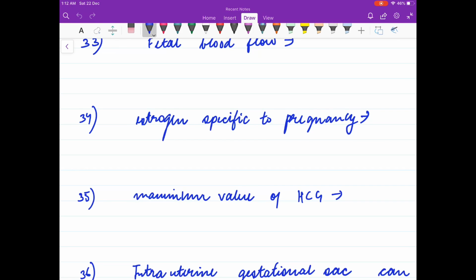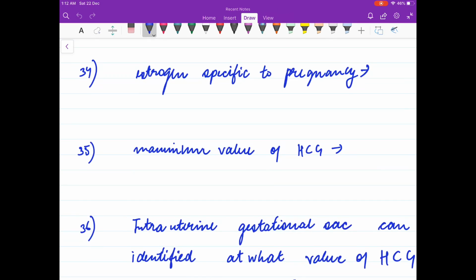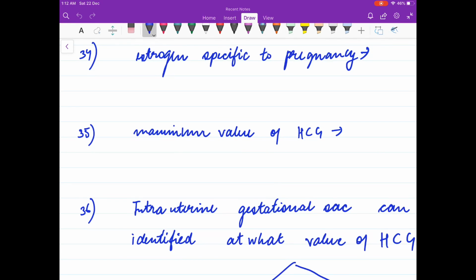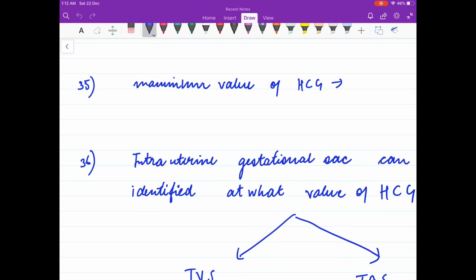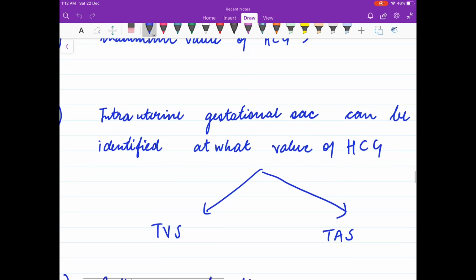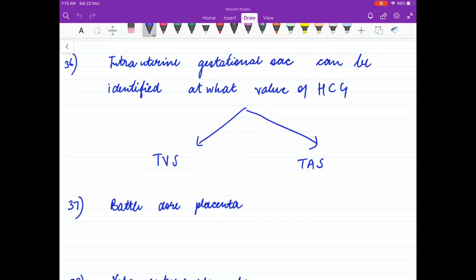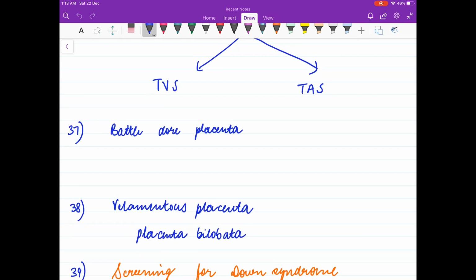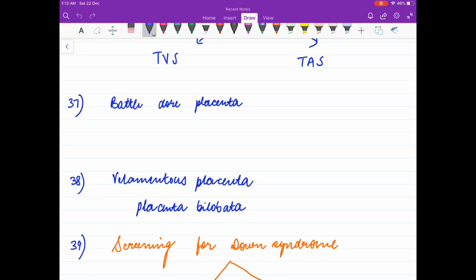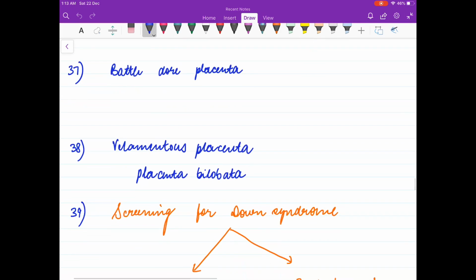Estrogen that is specific to pregnancy, E1, E2 or E3? Maximum value of HCG reaches at what time of pregnancy? Intrauterine G-sac can be identified at what value of HCG? Battledore placenta is? Velamentous placenta is?